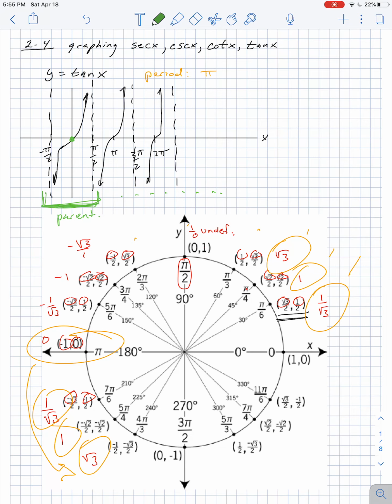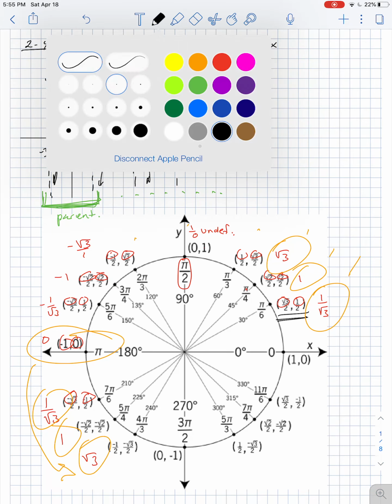Okay, the thing that's tricky with tangent is the period, so I want to look at that specifically. If we have y equals tangent of, let's say, 3 pi x. Okay, so the way you find the period is the same as last section.